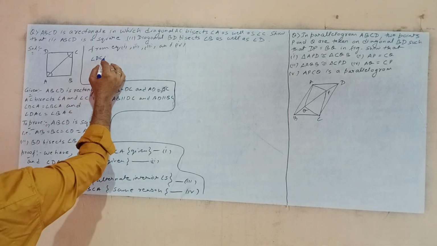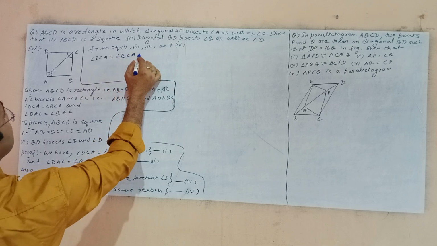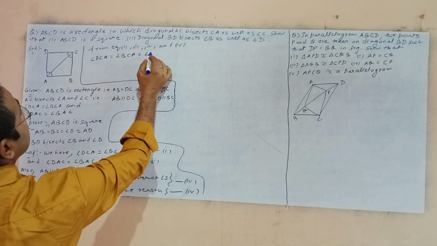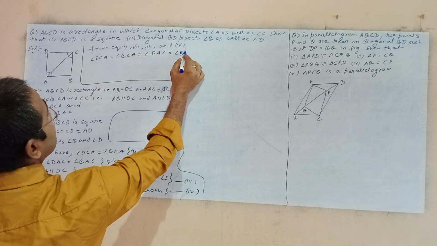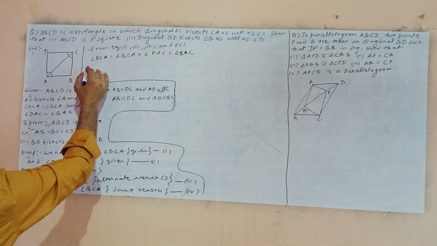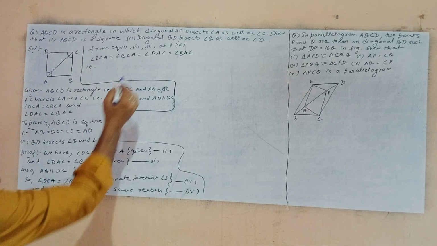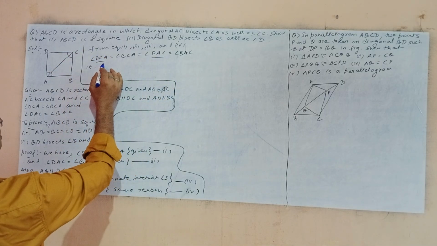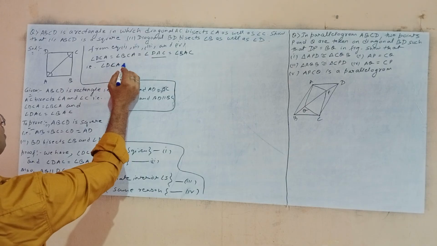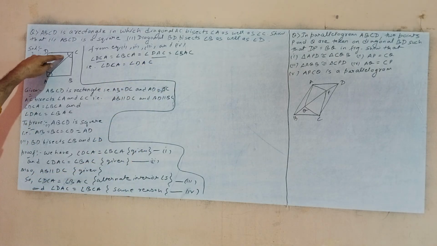Angle DCA is equal to angle BCA is equal to angle DAC is equal to angle BAC. That is, you can say that angle DAC will be equal to angle DCA. See, this angle becomes equal to this angle, DAC and DCA.